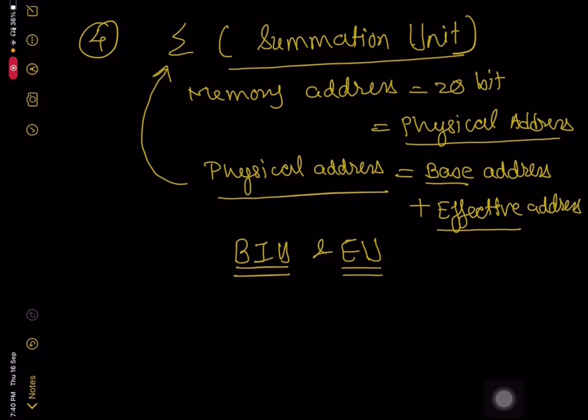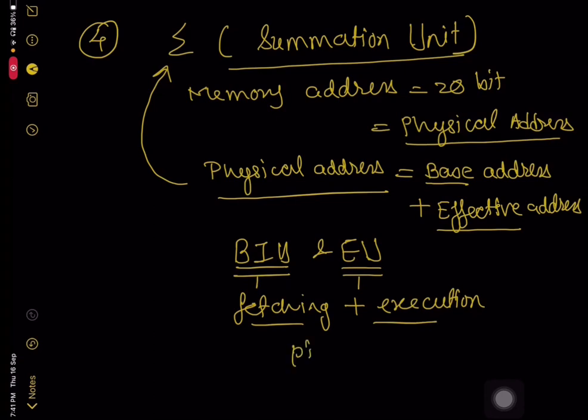Now the parallel working of bus interface unit and execution unit: when the bus interface unit is busy in fetching the instruction, at the same time execution unit is busy in execution of the previously fetched instruction. So fetching of the instruction and execution of the previously fetched instruction run parallelly, which is called pipelining. And thus the architecture of microprocessor is called pipelined architecture.